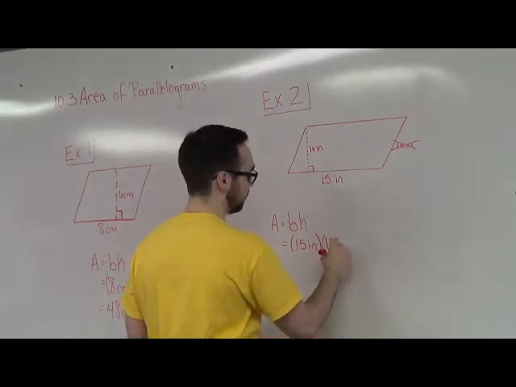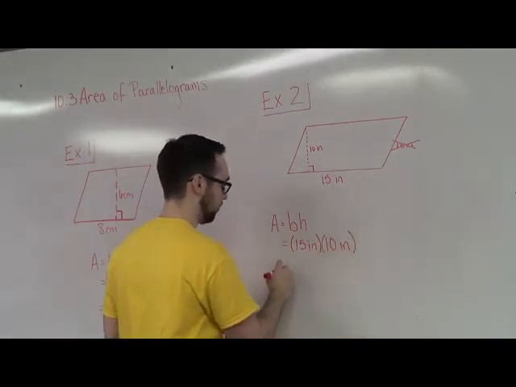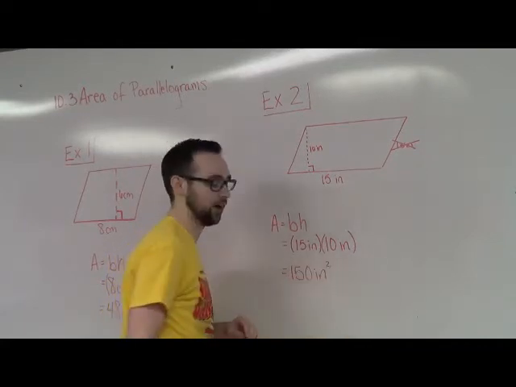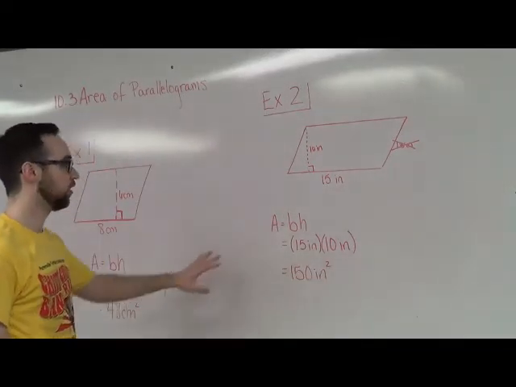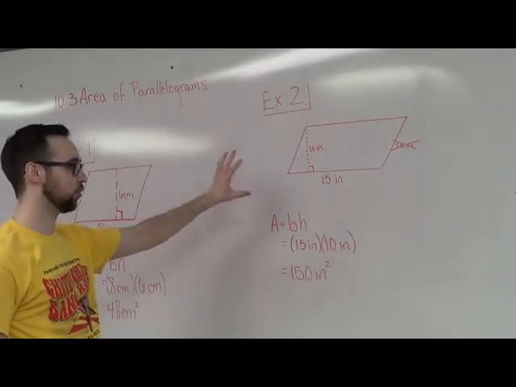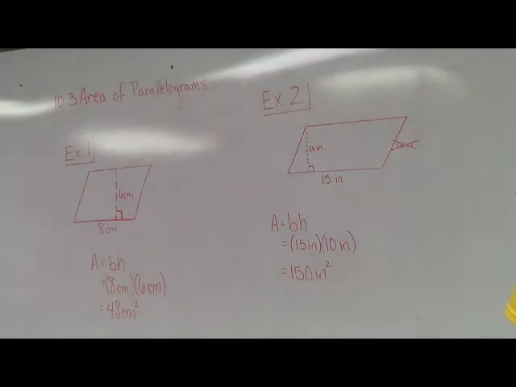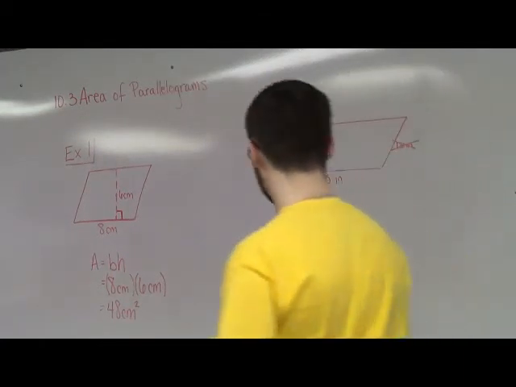So it's going to be 10 inches times 15 inches, which gives us 150 square inches. So just make sure you're identifying the correct base and the correct height, and the correct height is always going to be perpendicular to the base.